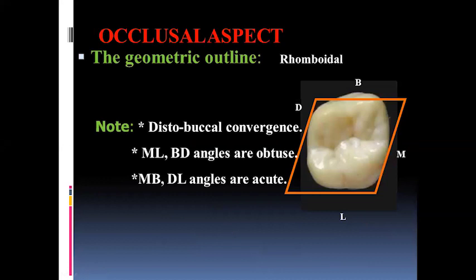Next is the occlusal aspect. Geometrical outline is rhomboidal, with distobuccal convergence. The mesiolingual and distobuccal angles are obtuse, and the mesiobuccal and distolingual are acute.